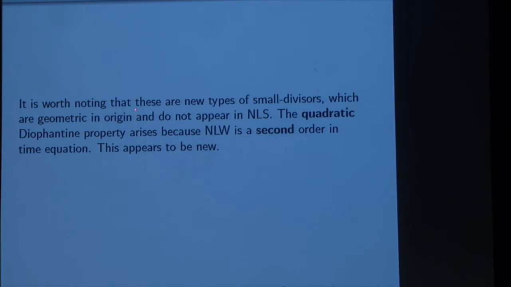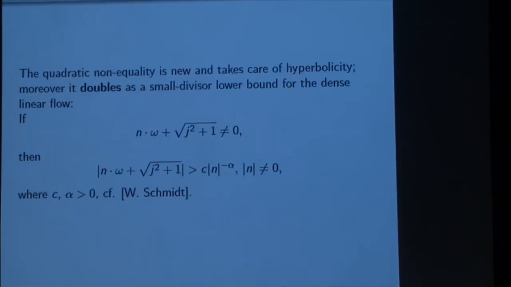It is worth noting that these are new types of small divisors which are geometric in origin. They do not come from iteration and do not appear in nonlinear Schrodinger. More fundamentally, the quadratic Diophantine property arises because the nonlinear wave equation is second order in time, so there are two omegas coming in.